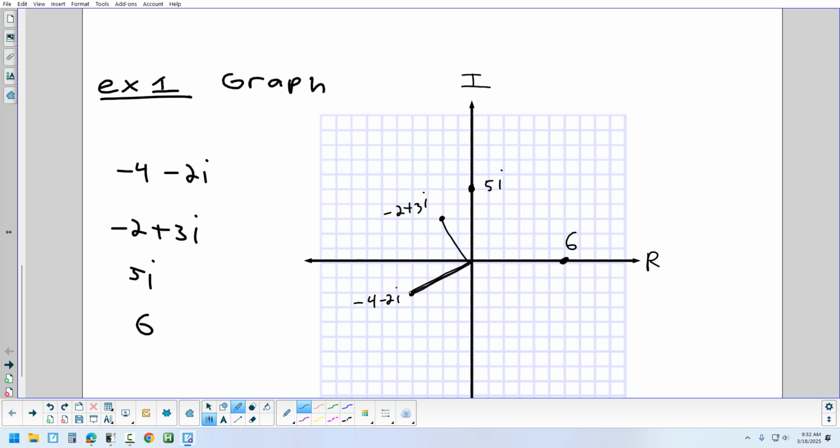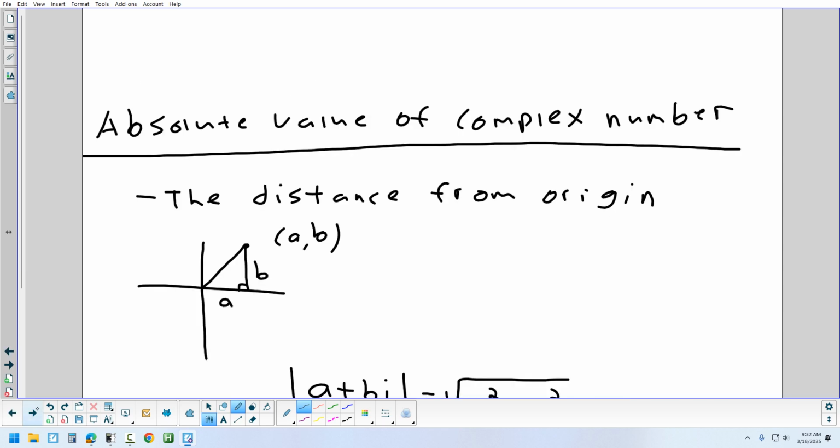Well, in 2D, absolute value is the same concept. It's the distance that a point is from, we don't call it 0, we just call it the origin. So the absolute value of a complex number, if you graph it, is the distance that that number is from 0.